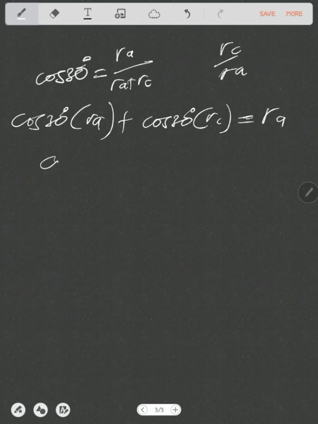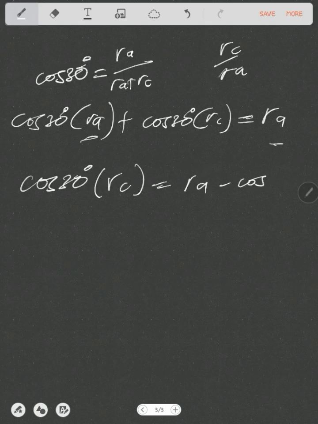When we bring the RA's to one side, let's see what we get. We get cos 30 RC. Let's take the RA's to the other side because we want this. So we end up getting cos 30 RC, then RA minus cos 30 RA, which is RA into bracket 1 minus cos 30.